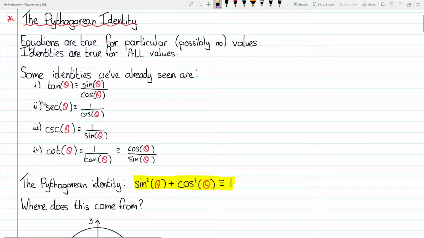And by definition, our secant and cosecant and cotangent are equal to 1 over the cosine of any angle, or 1 over the sine of any angle, or 1 over the tangent of any angle, provided they're defined. I mean, we don't want this to be divided by 0, but that's fine because the secant isn't defined for when the angle is such that cosine is 0. So that this all makes sense.